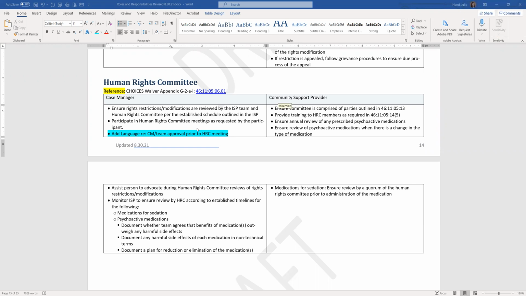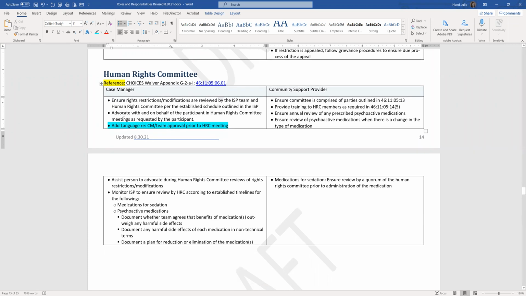We have had this, Naomi. We have had case managers who have come and met with our HRC committee with the participant to help advocate and talk to them about why they don't want the restriction in place. And in some cases, it makes a difference.